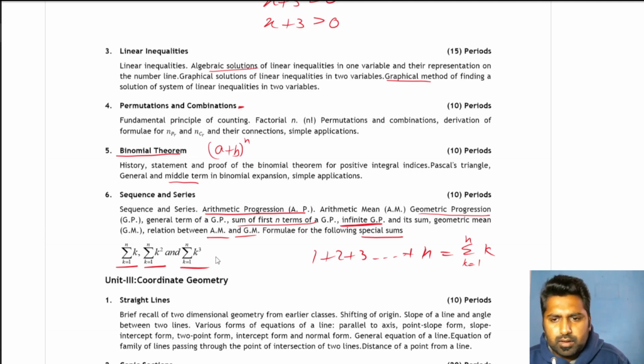We can see how those formulas are derived, and more importantly we have to see the application of it, how we can use it to calculate different types of series. There is something called AGP, arithmetic geometric progression. It means AP is also going on, and simultaneously GP is also going on. Those kinds of series, how we can solve them, will have a slightly different idea.